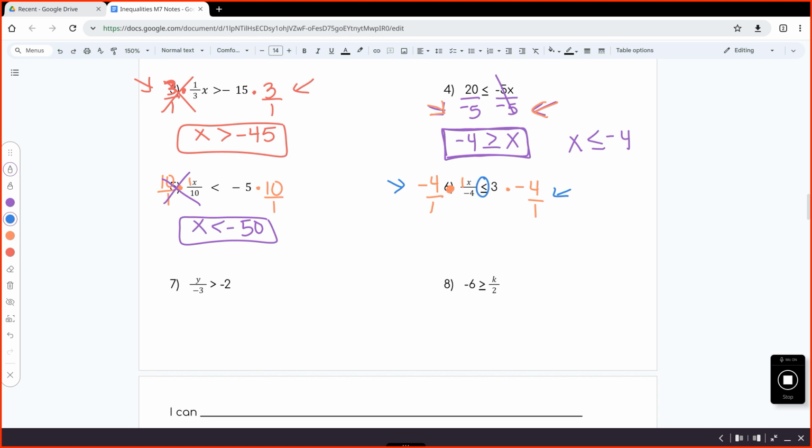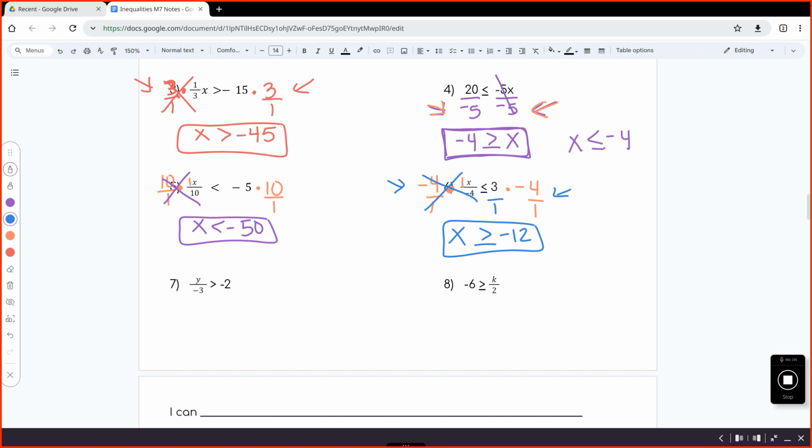That means that this symbol is going to flip into greater than or equal to. All right, and now hopefully we know how to do the rest of this, right? These guys cancel. We're left with x here. And now 3 over 1 times negative 4 over 1 will get us negative 12 over 1, if you want to put it over 1, but simplified, it'll just be negative 12.